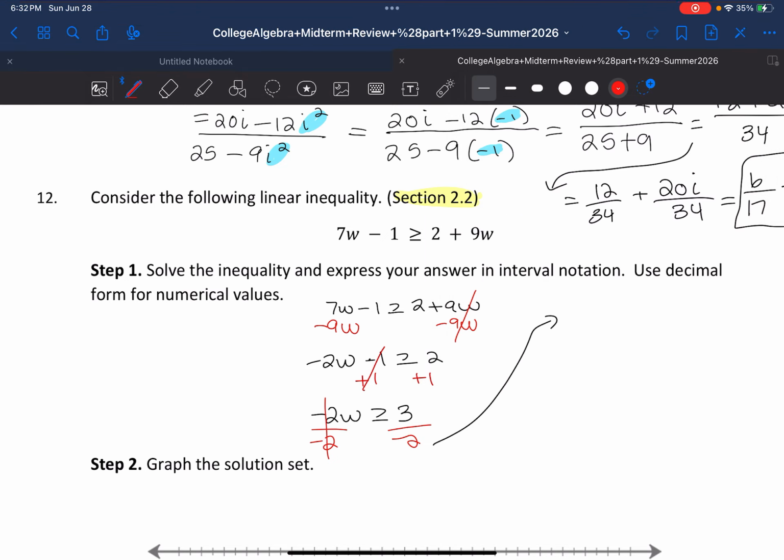So the W will now be by itself, but the greater than or equal to symbol here will now become less than or equal to because I just divided both sides by a negative number. That's always true when you are solving inequalities. If you divide both sides by a negative, you have to flip the sign. And then this would just be -3/2.